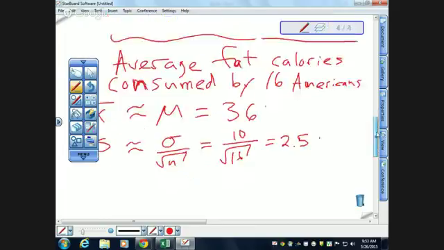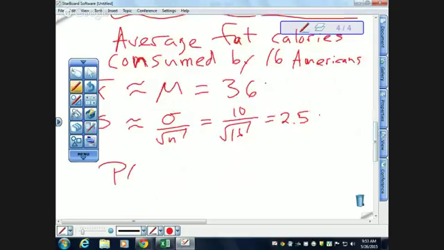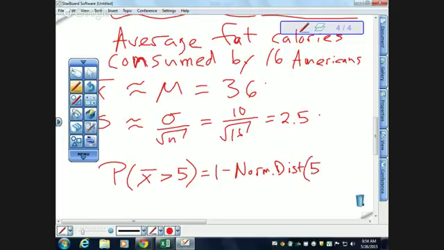So the next question says, what's the probability that the average of 16 people is greater than 5? Since the right tail is a 1 minus, it's still normal. My x value is still 5, but it's not x, it's x bar, it's an average. 36 stays the same. Standard deviation has to shrink because I'm talking about the average. I lost information, so I have to shrink the standard deviation.